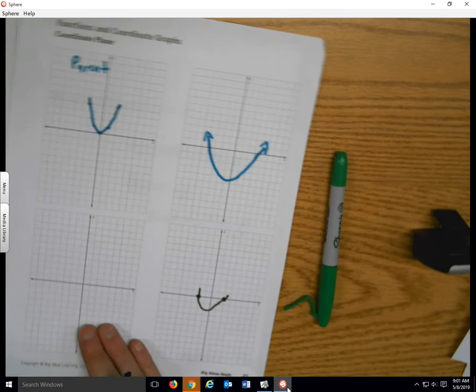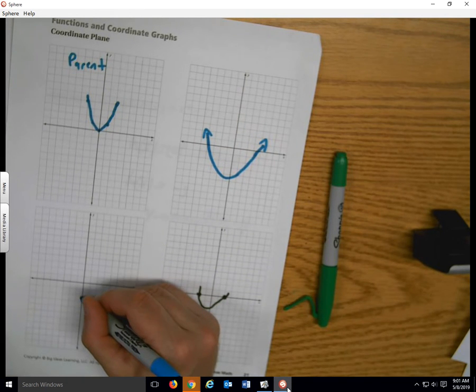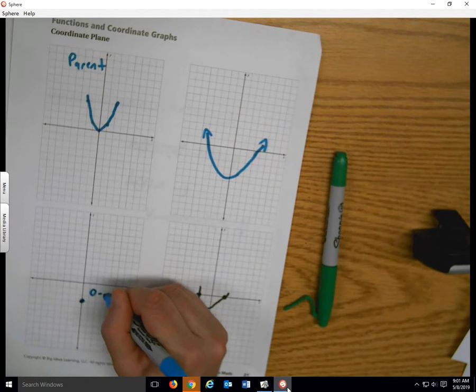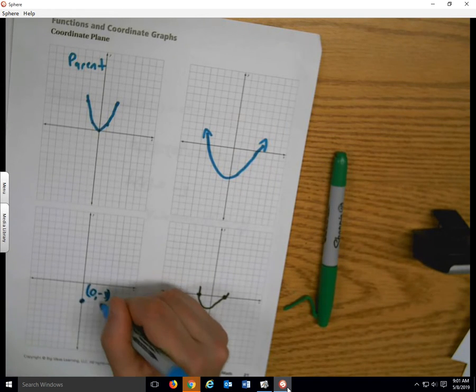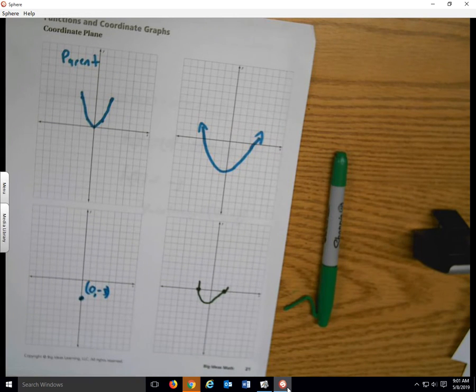I'm sorry, the x is 0. When it goes sideways, the y would be negative 3. You just go down 3. So that would be 0, negative 3. That's the y-intercept. That gives us some data on a graph. Not bad. This blue's looking a little blurry, so I'm going to change colors there.